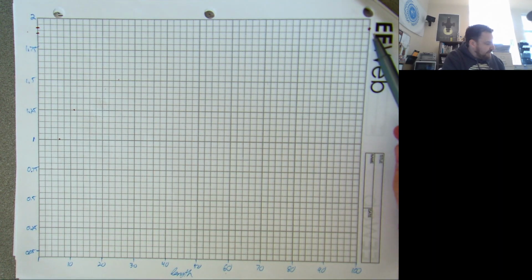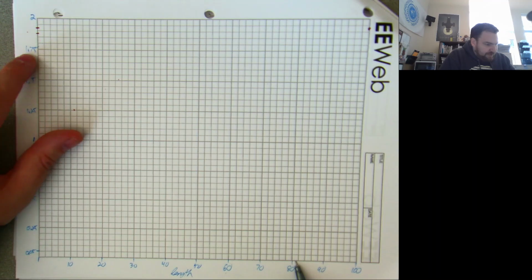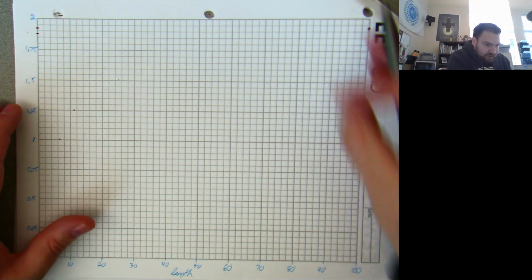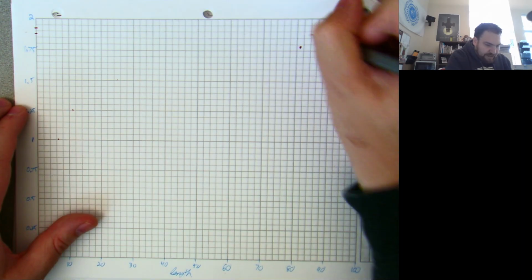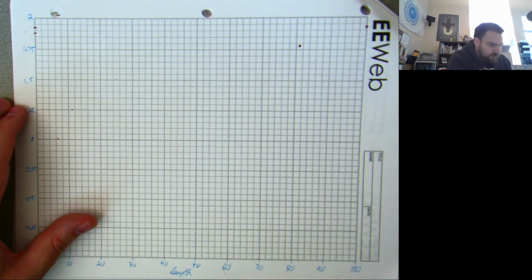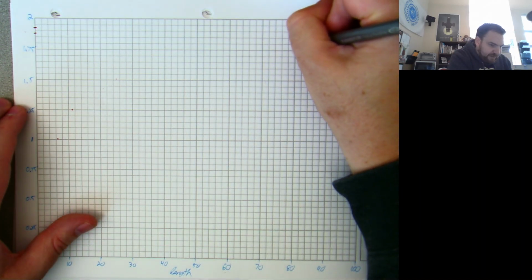Now my next point is 81, which is halfway between 80 and 82 down here, and 1.77, which is going to be halfway between 1.75 and 1.8. So that point is going to be right there, right in the middle of that square.